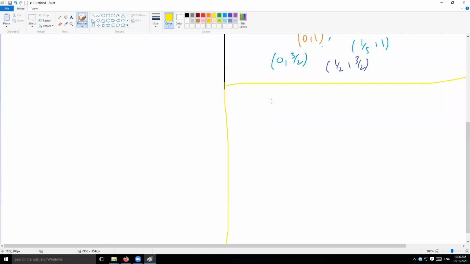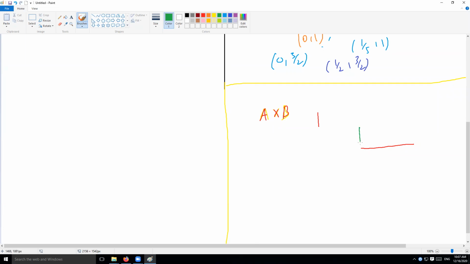So if I have A cross B, then A is maybe some horizontal line and B is some vertical line. But A cross B as a picture is going to be a rectangle.